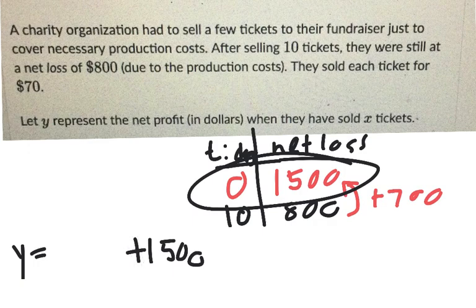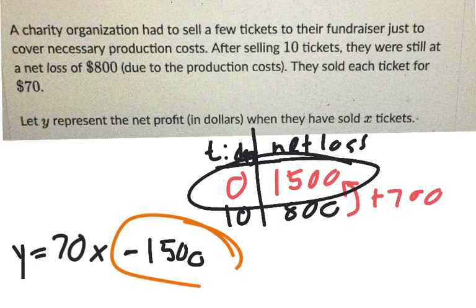So that means my profit to start with is at negative 1,500, and I'm gaining $70 for every ticket sold, x. So 70x minus 1,500. So this shows me I'm starting at a $1,500 loss, and I'm adding $70 for every ticket that I sell to that loss.